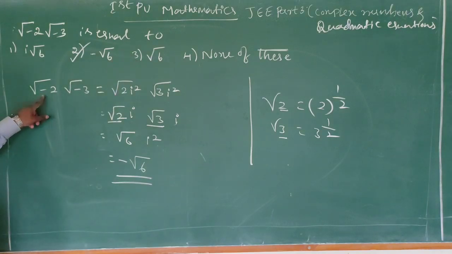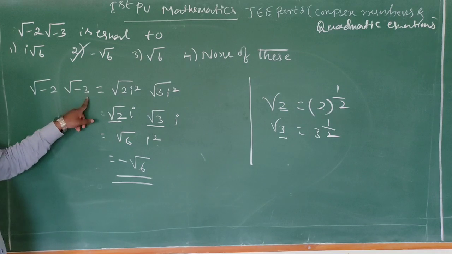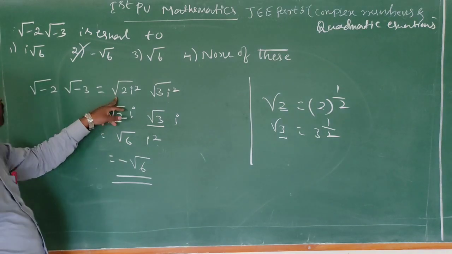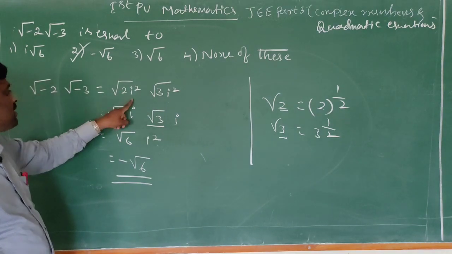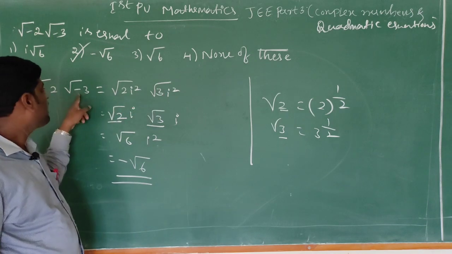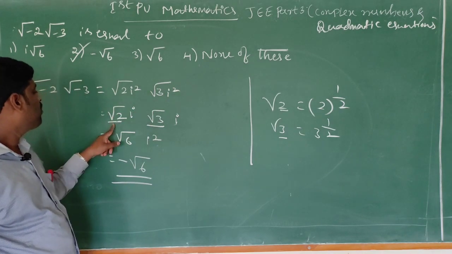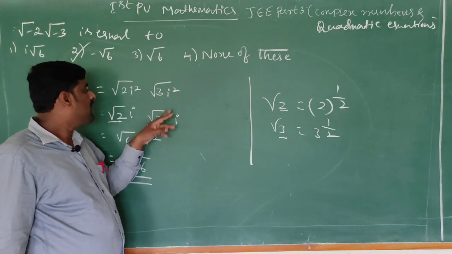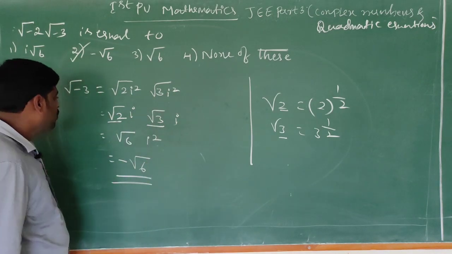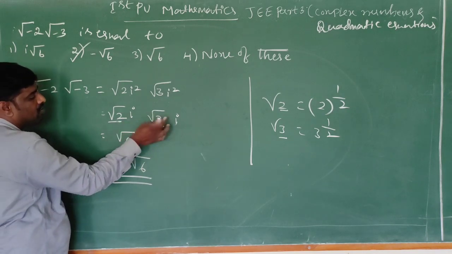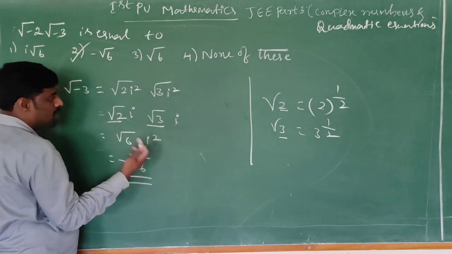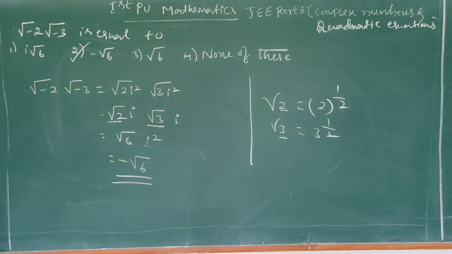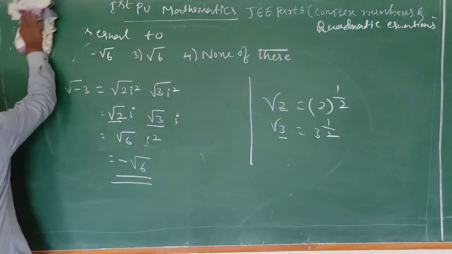So the square root of 2 times minus 1 means i square, the square root of 3 times minus 1 means i square, and the square root of i square is i. So 2 threes are 6, i into i square means minus 1. Next question.